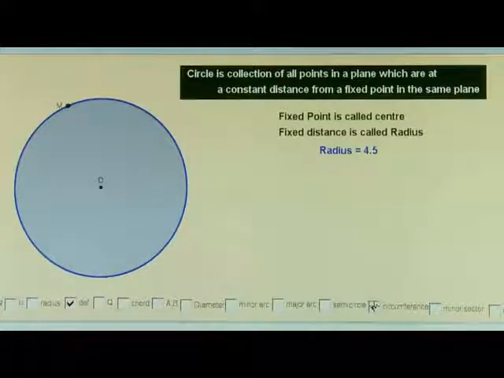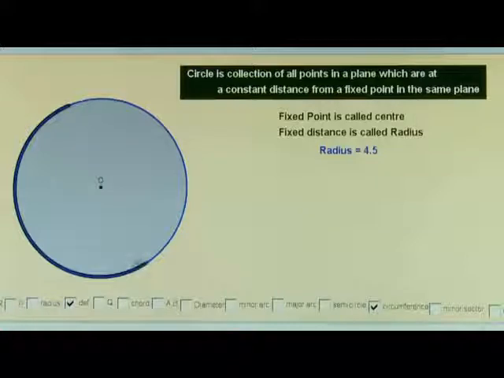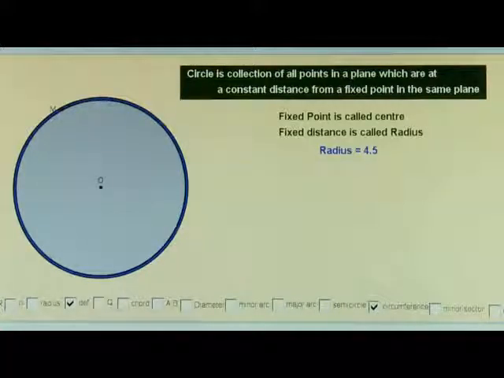Take a point M on the circle. Let the point M move. The point M is moving along the boundary of the circle. Let it make a complete rotation. When it comes back to its original position, it has completed just one round around the boundary of the circle.